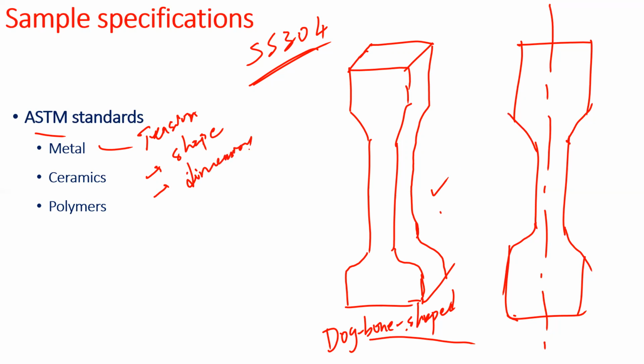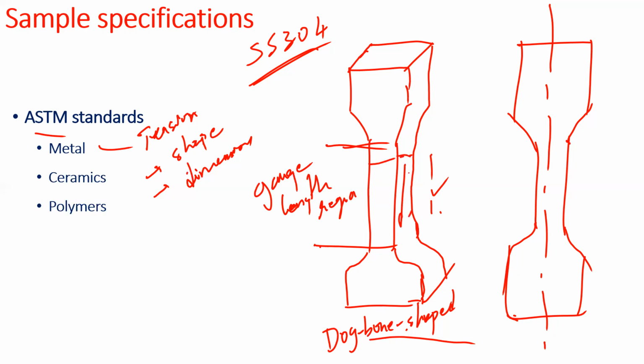So this is the gauge length. Gauge length is the region where the stresses and strains are uniform across the length and cross section. This is the region over which the stress and strain are constant across the cross section as well as the length.